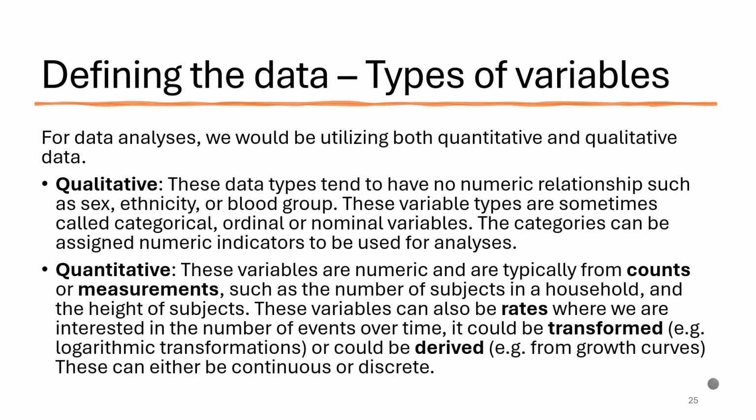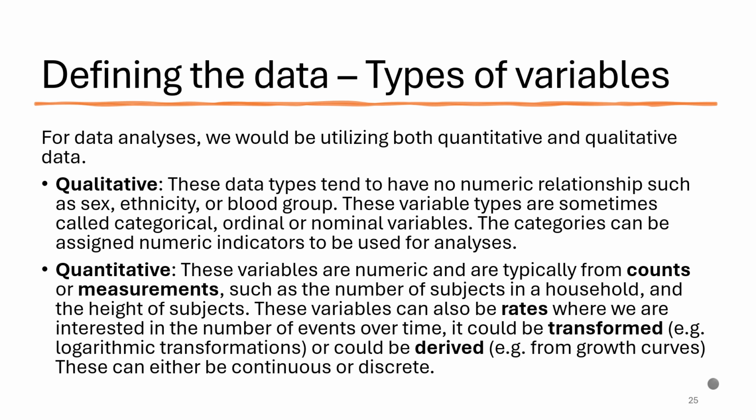I think in clinical research, an example of ordinal data is if a respondent is asked how they are feeling. Are they feeling good, okay, bad, things like that. So that's an example of ordinal type data.